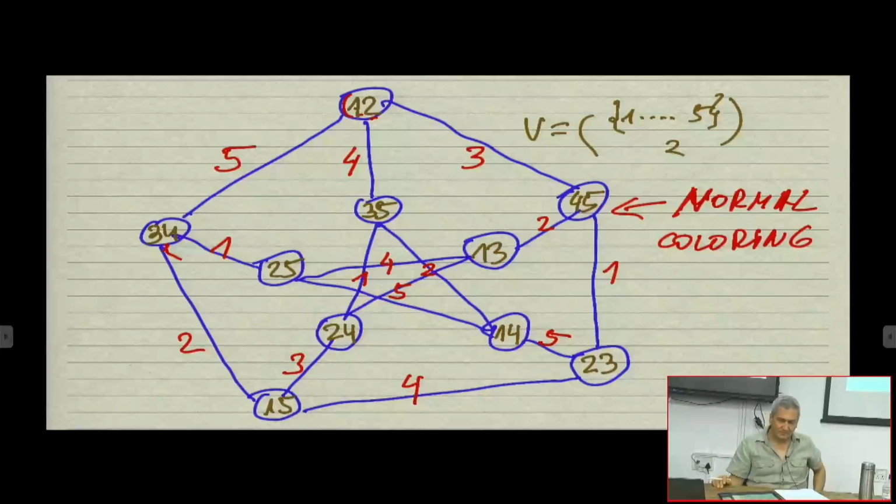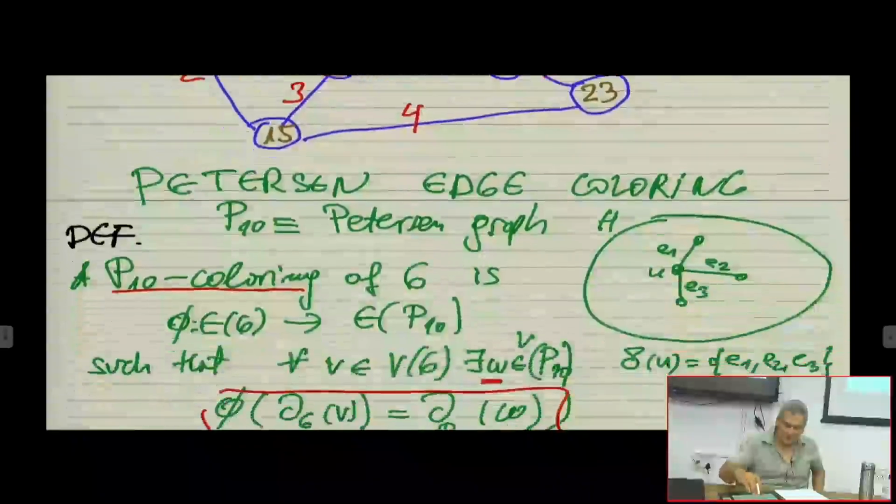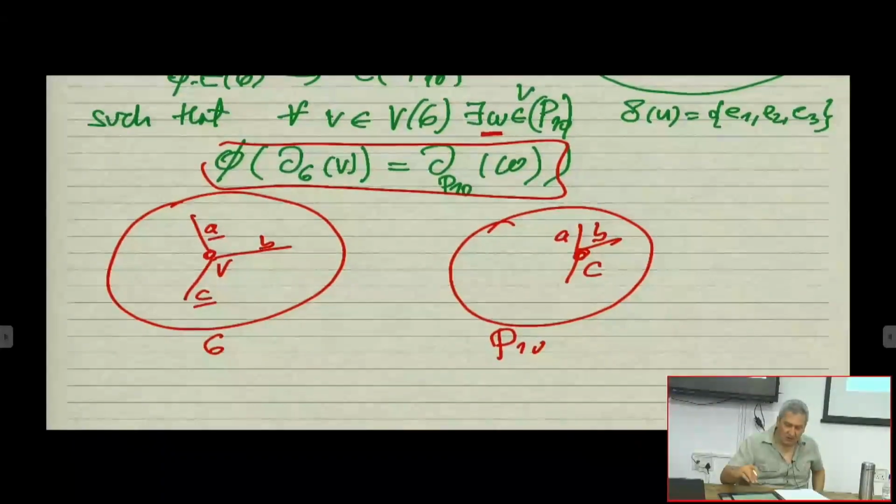Yes? So at vertex 1, 2 we have 3 edges, 5, 4, 3. We can use them as colors too. So we can always in Petersen say, this is vertex 1, 2, and then I will have here colors 3, 4, 5.